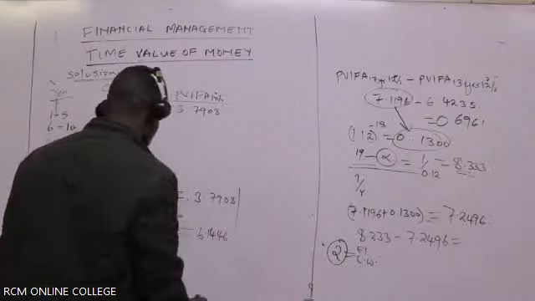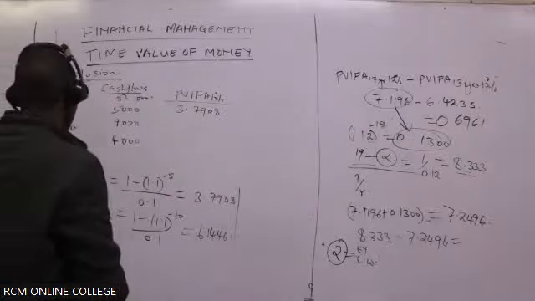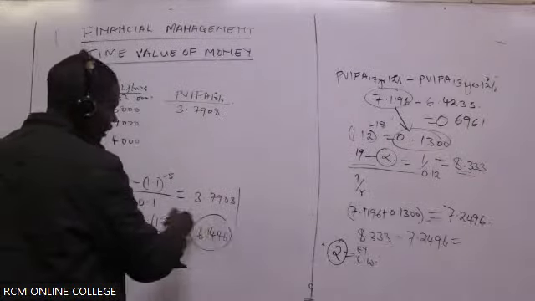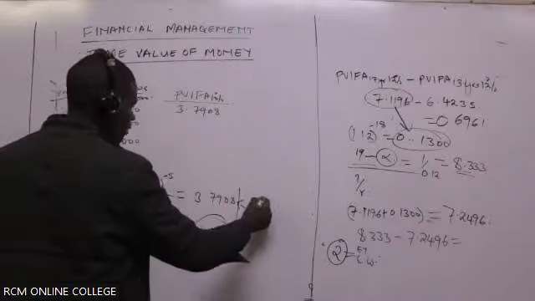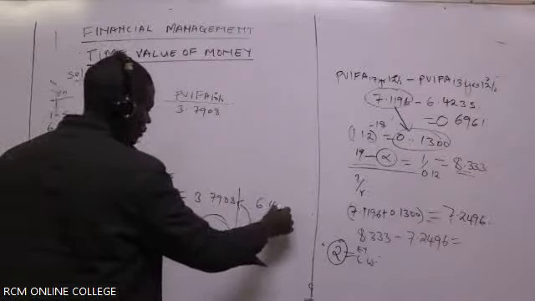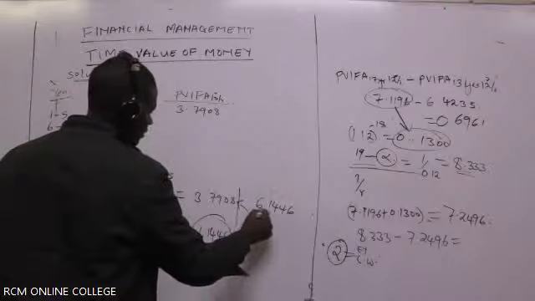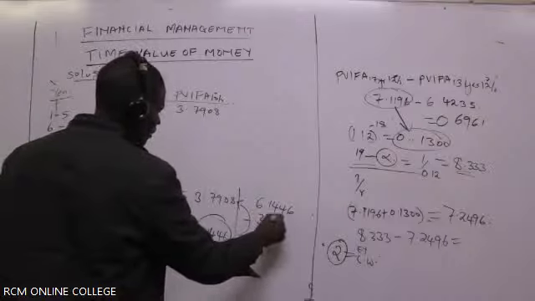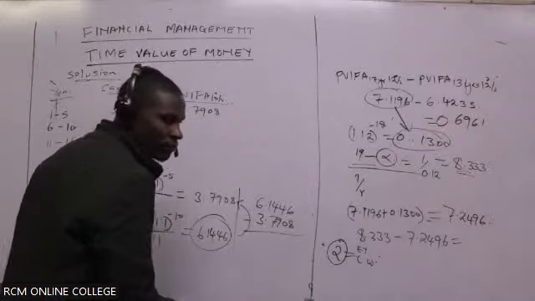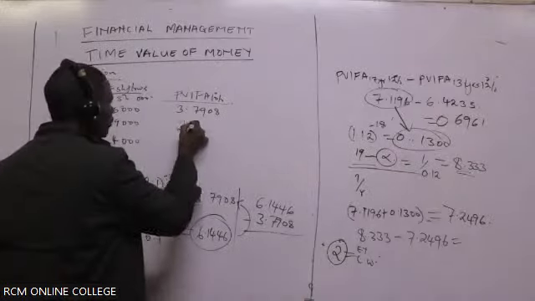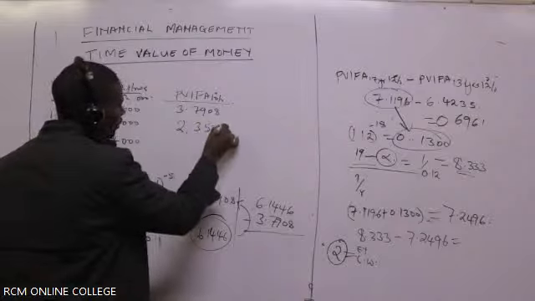So for us to get the range between years 6 and 10, we take this for 10 years, less this for 5 years. So it will be 6.1446 minus 3.7908, which gives 2.3538.